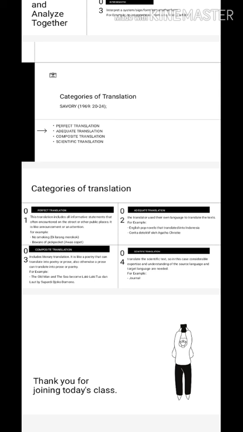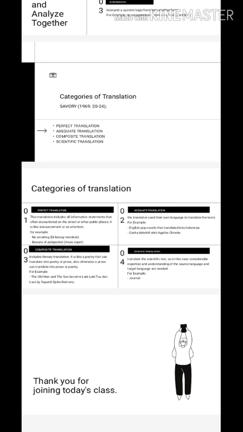You can see, for example, no smoking, dilarang merokok, and beware of pickpocket, awas copet. The important thing from this translation is the diversion of message from source language into target language, and the response from the readers of the target language is the same as the readers of the source language.